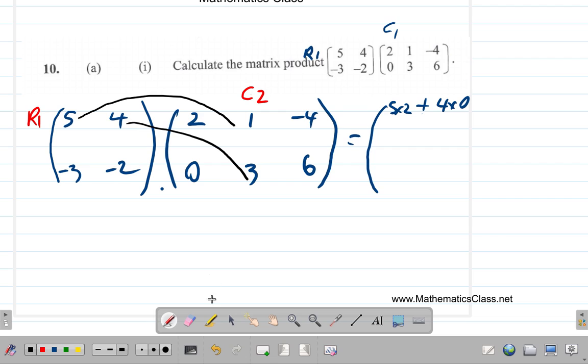So it's going to be 5 times 1 plus 4 times 3: the first in row 1 by the first in column 2, plus the second in row 1 by the second in column 2, 4 times 3.